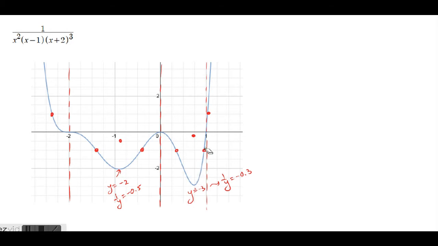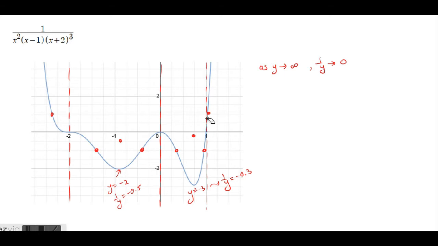These y values tend to positive infinity. So as y goes to positive infinity, the reciprocal of it will go to 0. This little portion right here between 0 and 1 for the outputs, if you're thinking about it going this way, the y values are tending towards 0 from the positive side.